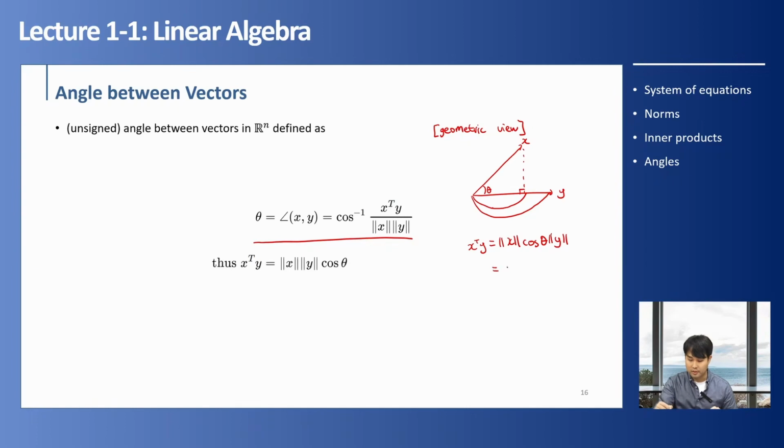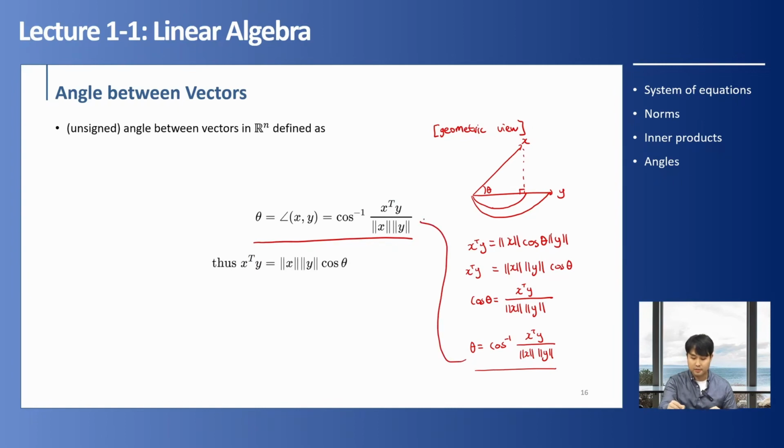And if you group these terms together and reorganize this equation, we get the inner product of x and y over the norms of x and y. And to solve for the angle, we simply have to compute the inverse cosine of this term. So this gives us the general expression for an angle between two different vectors.